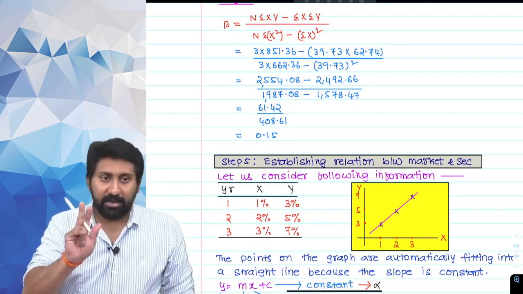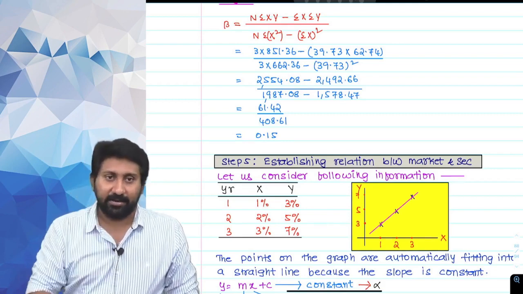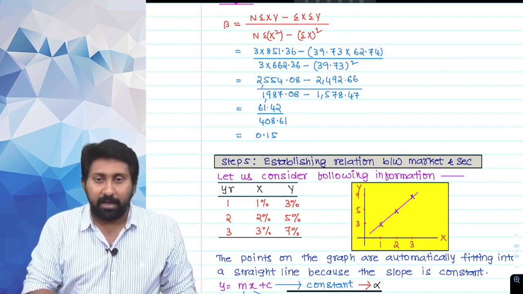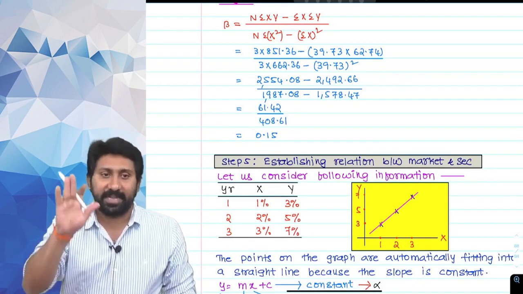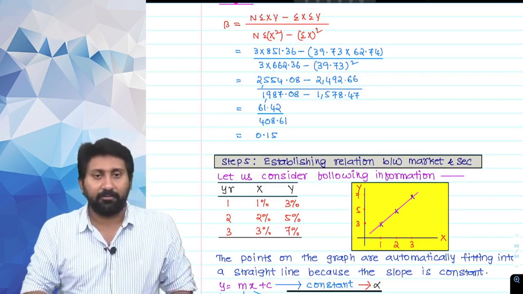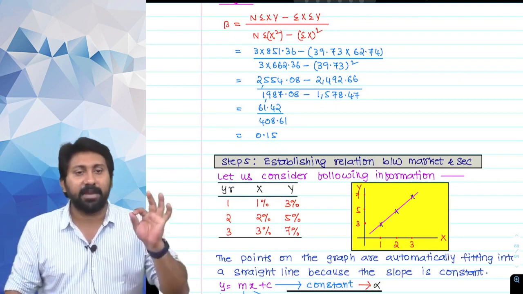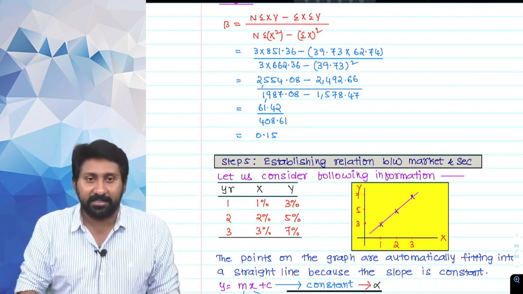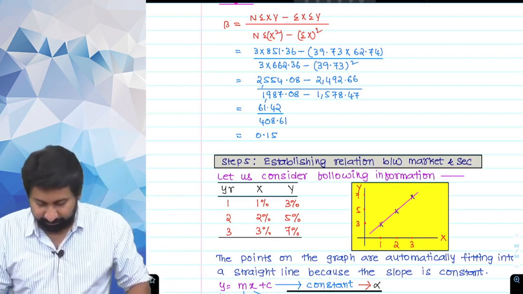From here, listen carefully so that you do not break the flow of understanding. If your intention is not to commit mistakes in the exam, the next 15 minutes are for you. If you understand the next 15 minutes properly, you will never commit mistakes with regard to the Sharpe single index model.